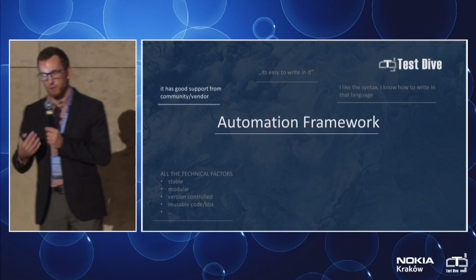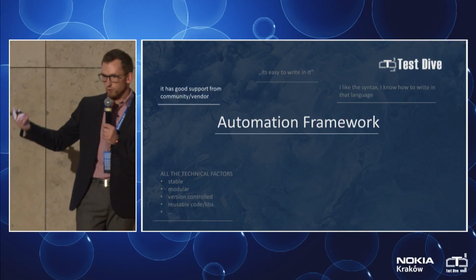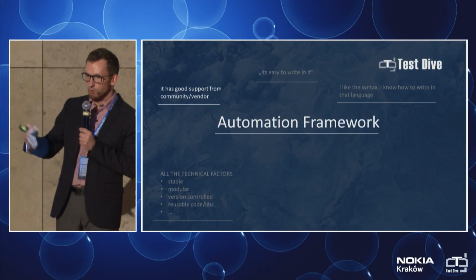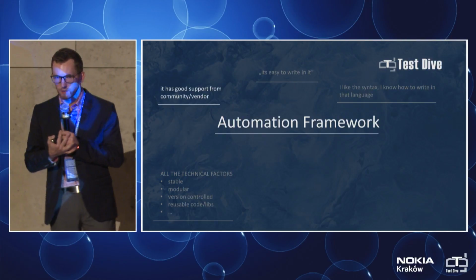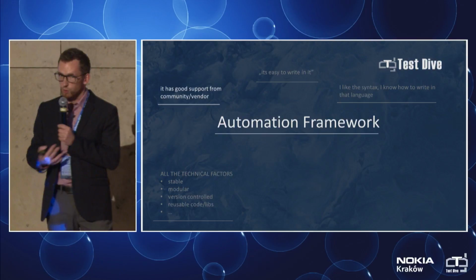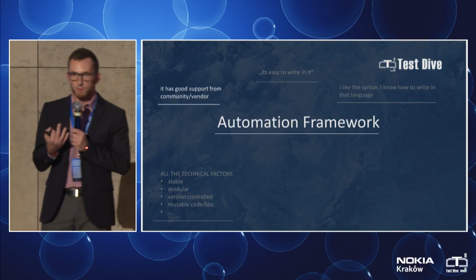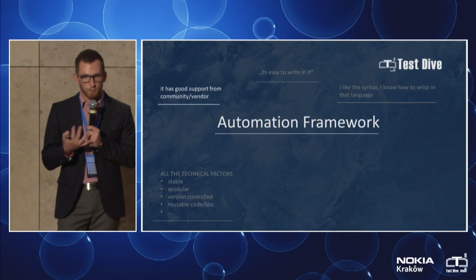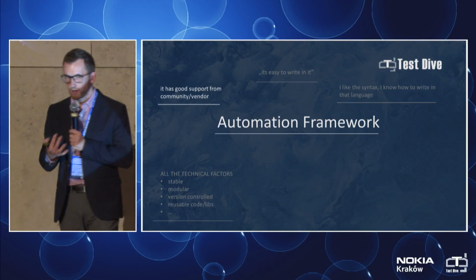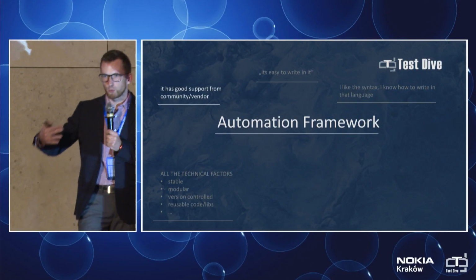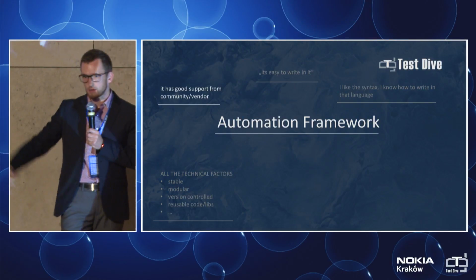But I reported it to the vendor of the framework, and after one release, after one software upgrade that they did to the framework, my test cases started passing. So it might mean that if a framework has good support in the world, then it might be useful for you. Or it might be the framework to choose over the next few years.